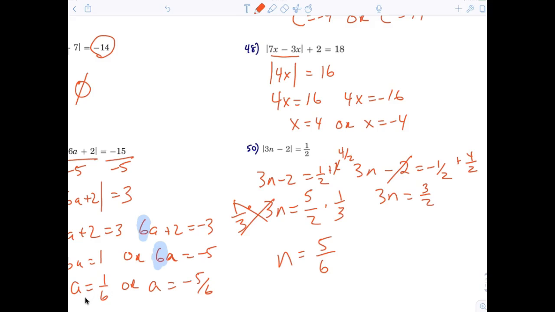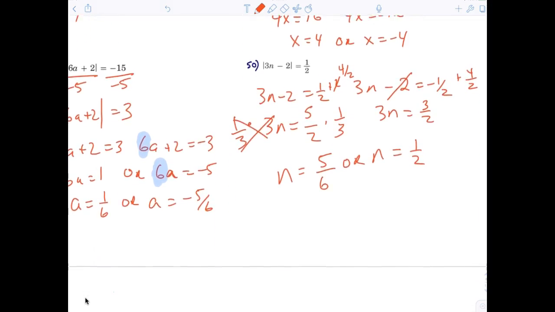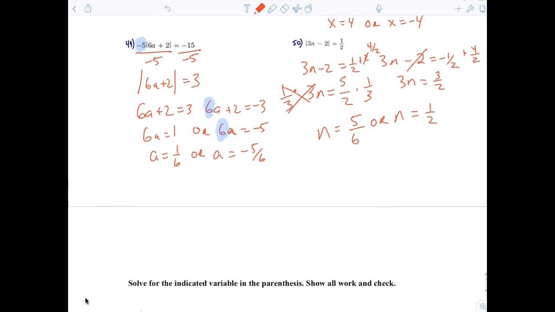Multiplying both sides by 1/3, n is equal to what? 1/2. So n could be 5/6, or n could be 1/2. Any questions?